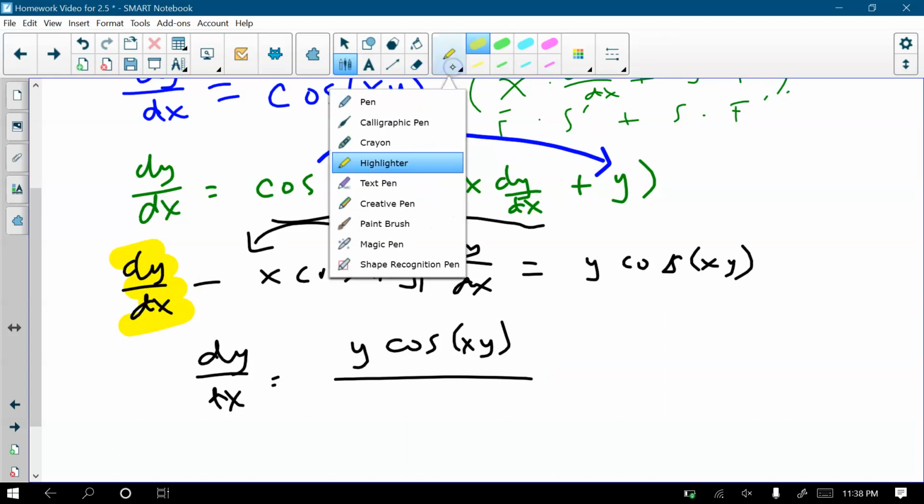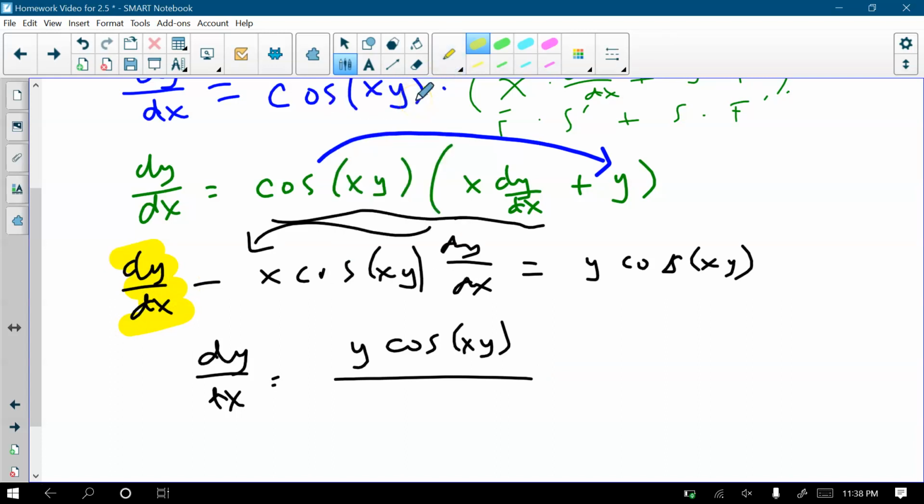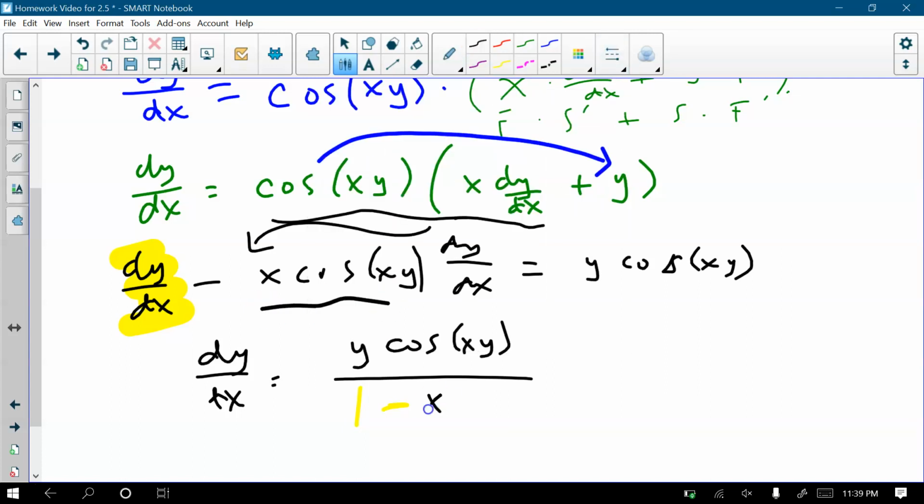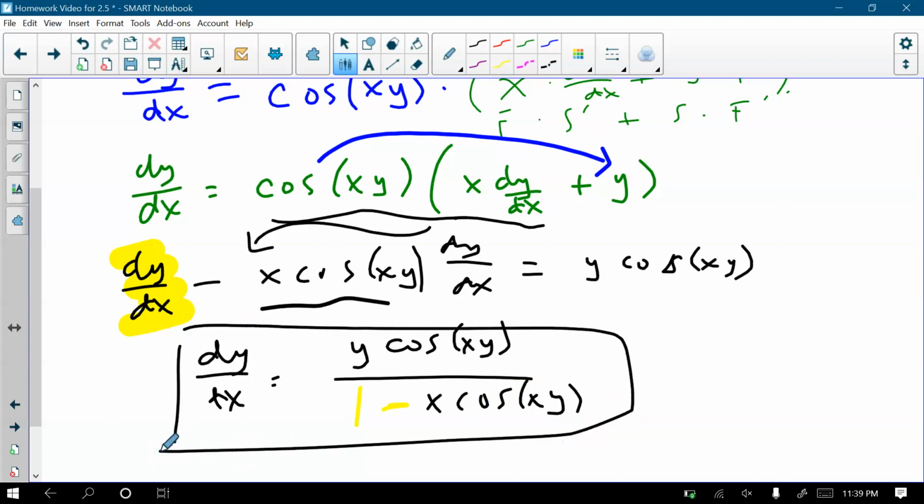So that's going to be a 1 minus the rest of it, x cosine xy. Okay? That's what dy dx is equal to. That's what your first derivative is. And this is number 19.